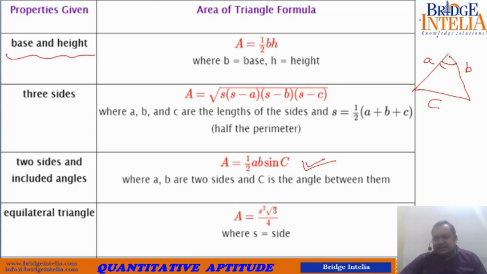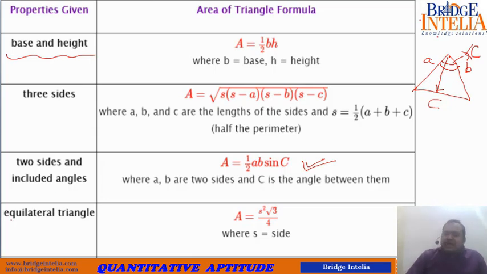You would say that this angle is included between sides A and B, and this angle is opposite to side C. Hence this angle is denoted by angle C. So angle C is included between sides A and B.